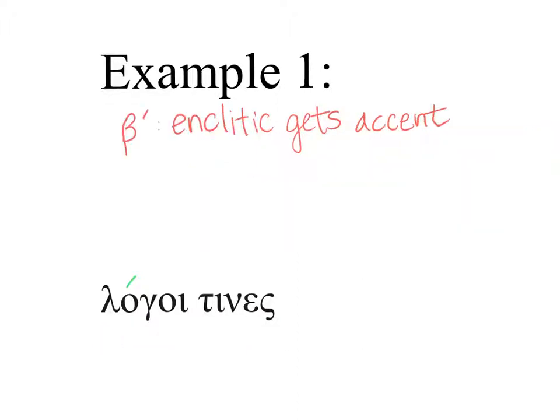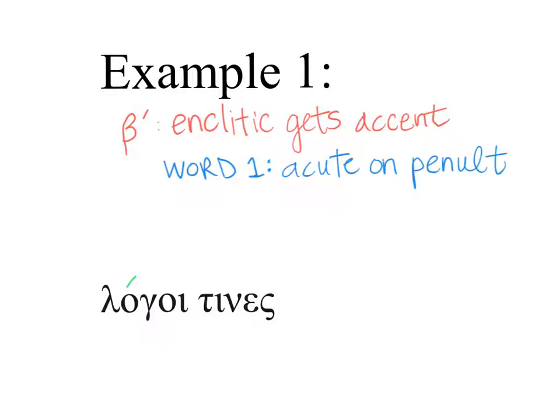Let's move on. Rule beta deals with when the enclitic gets an accent. And the circumstances for that to happen are the following. So word 1 needs to have an acute on the penult, and it needs to be followed by an enclitic that has 2 syllables. So let's take a look. Word 1, logoi, does it have an acute on the penult?